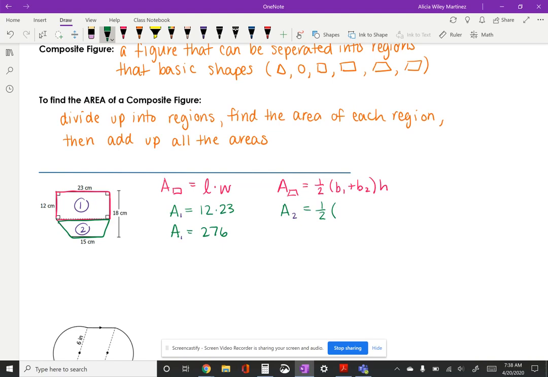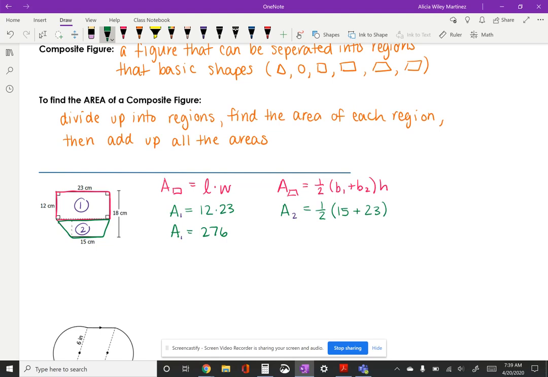The base 1 is 15, plus base 2, and since it's congruent to the other side of the rectangle, we know it's 23. And then the height of the trapezoid goes from one of the bases to the other. So it's got to be this length right here.